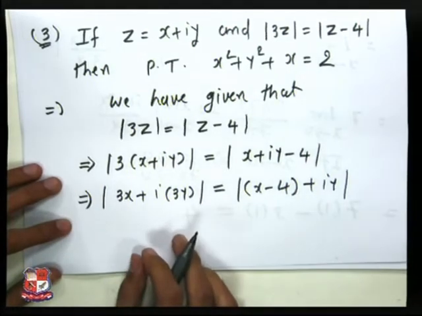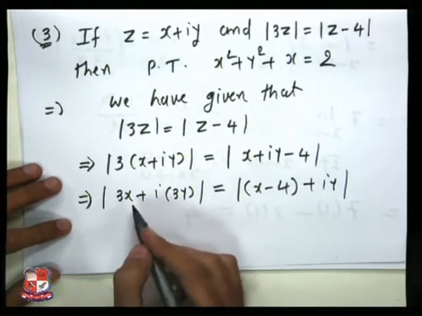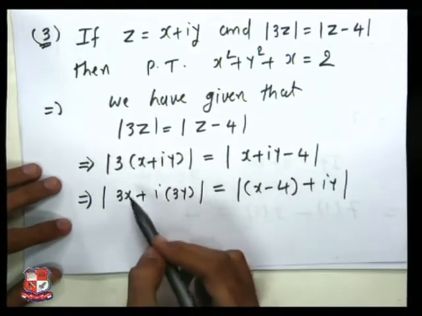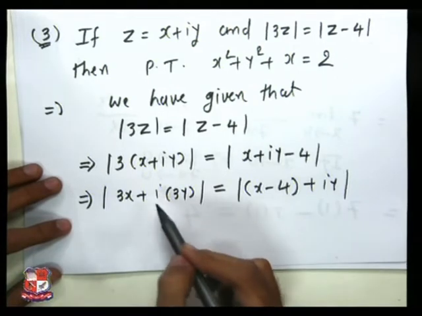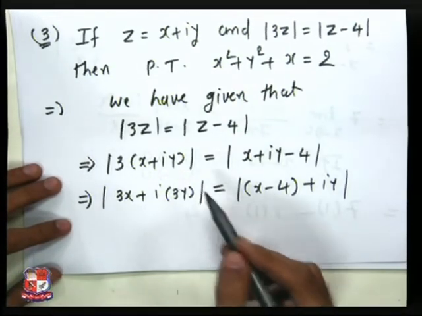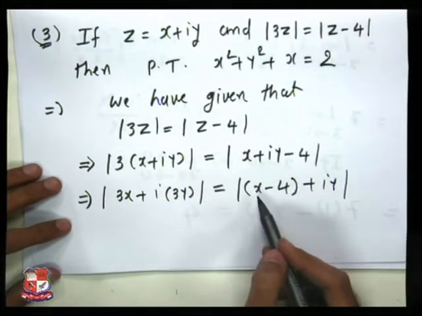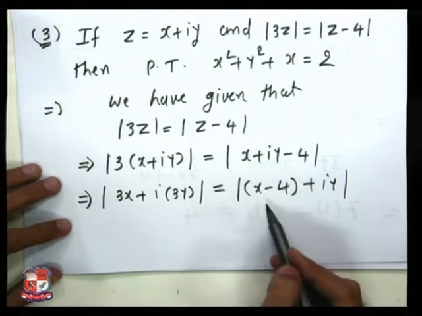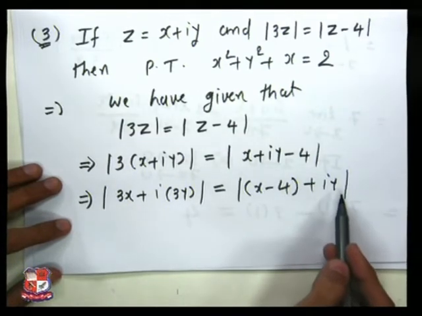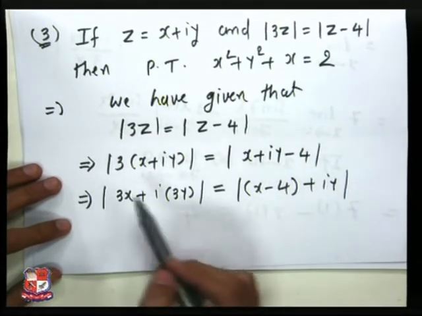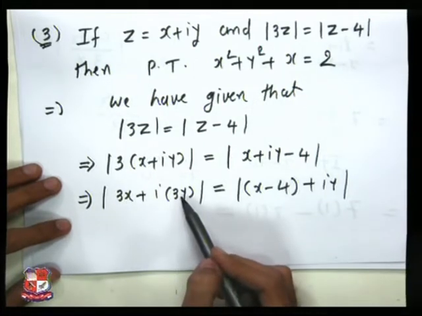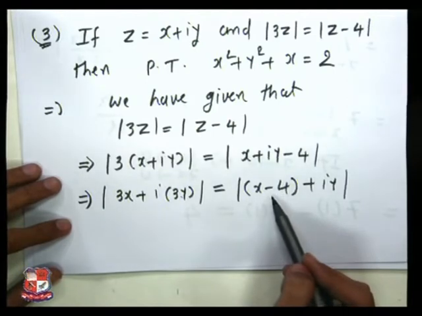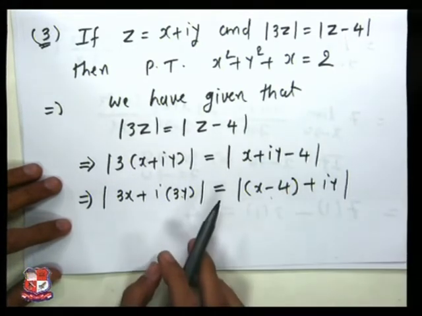Okay, so by the definition of modulus, if we want to find the modulus of this part, then that is under root of square of 3x plus square of 3y is equal to, if we want to find the modulus of this part, then square of this part plus square of this part under root, because that means the square of real part plus square of imaginary part under root, right? And here also under root of square of real part plus square of imaginary part.